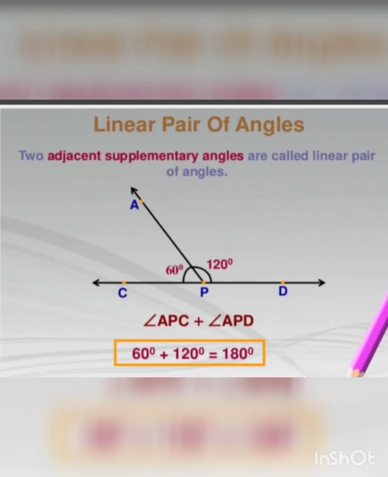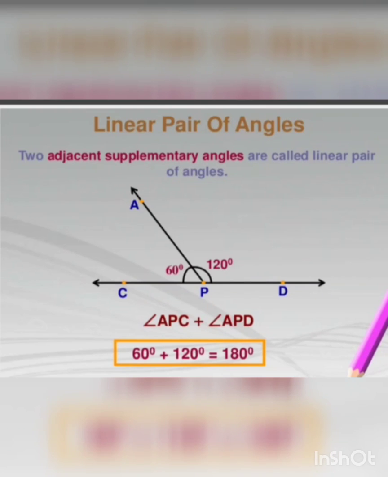Linear pair of angles. Two adjacent supplementary angles are called a linear pair of angles. Children, if the adjacent angles are supplementary angles, then we can call them a linear pair of angles. So here, angle APC and angle APD are adjacent and they are a linear pair.